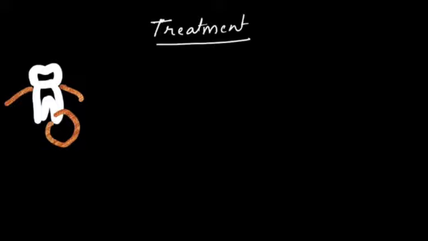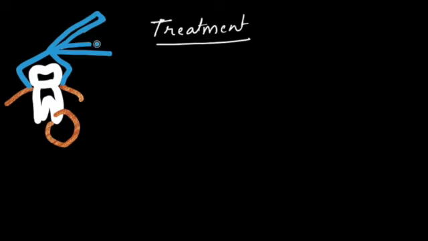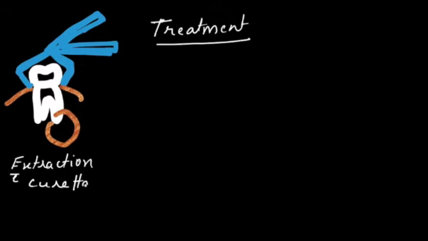So here is a diagram showing a forceps. Pardon my diagram, it's just so that you will remember better if it is shown through a drawing. That is an extraction forceps, and we extract the tooth with periapical tissue curettage. The infected material will be removed with curettage.